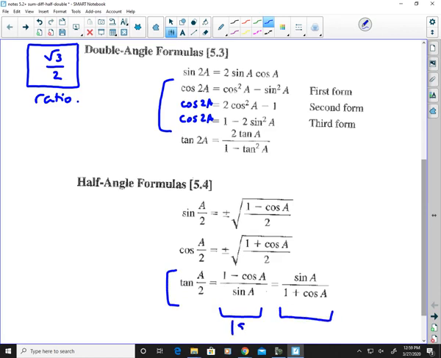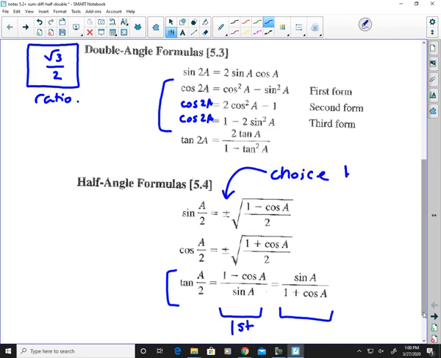Personally, I like the first version better because it doesn't have an operation in the denominator. The half angle formulas for sine have a positive or a negative in front, so there is a choice on what you are going to choose for your angle.